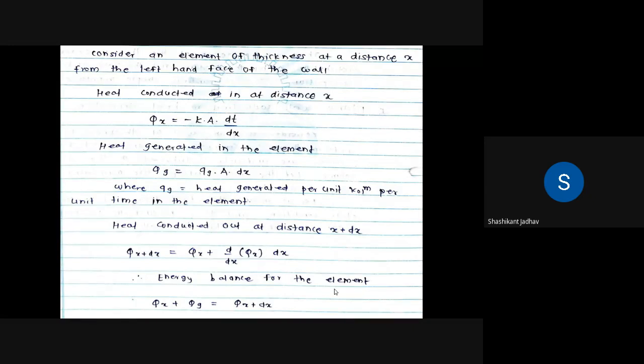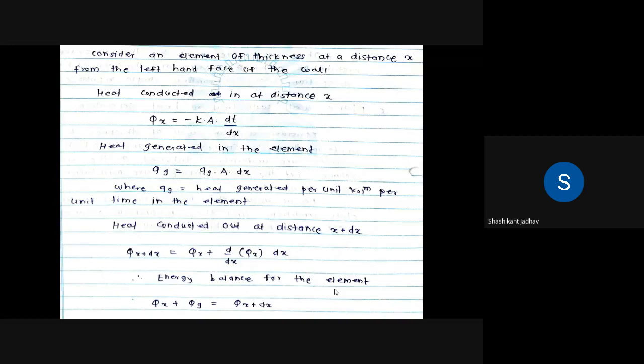So this equation comes from the Taylor series expansion. Write down qx plus dx is equal to qx plus d by dx of qx into dx.